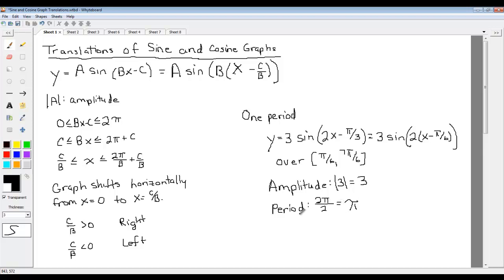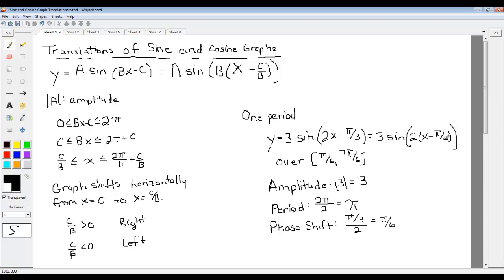And then the phase shift is going to be c over b, so pi over 3 over 2, which gives you pi over 6.